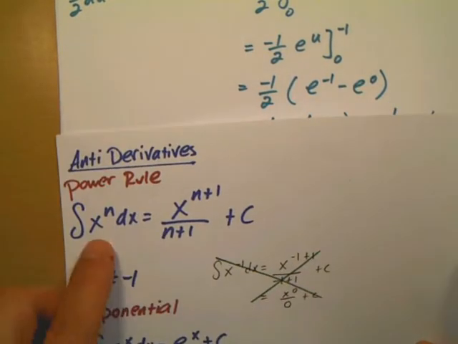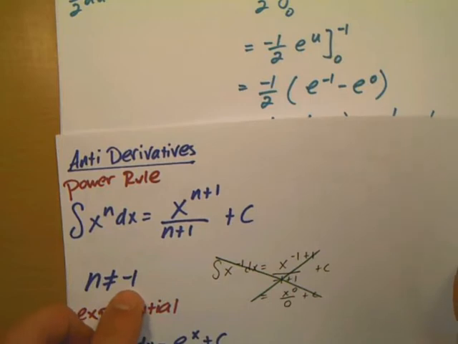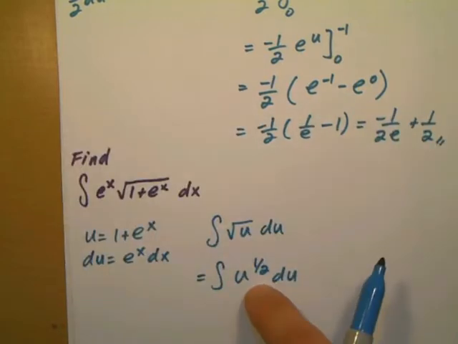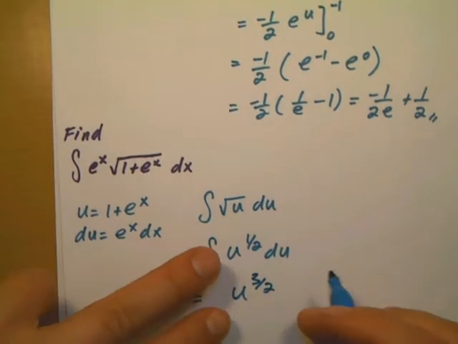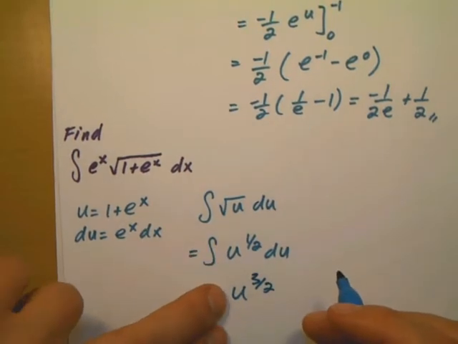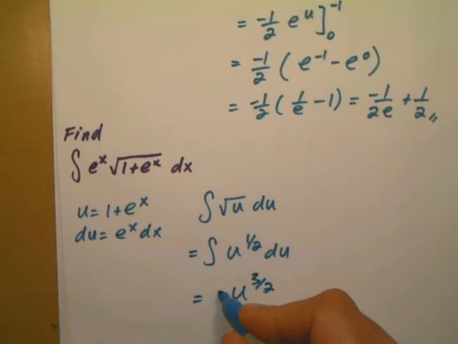So I can use this power rule as long as it's not negative 1. 1/2 is obviously not negative 1, so I can just say add the power by 1, so 1/2 plus 1 is 3/2. I reciprocate the power. I have to flip it. I have to reciprocate it, so it's going to be 2/3.